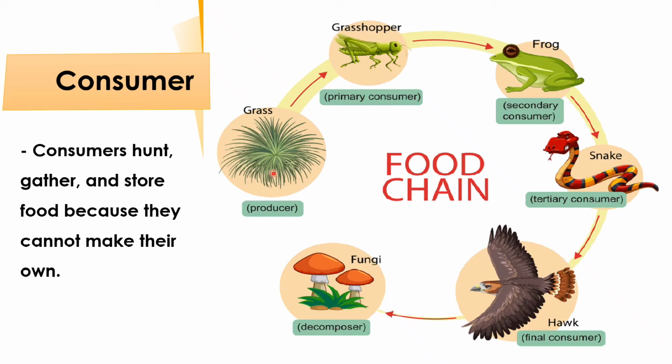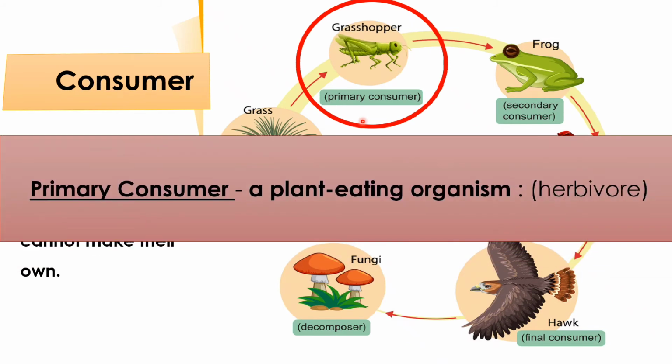Okay, so in this food chain, we have the primary consumer. The primary consumer is the grasshopper, for example. When you say primary, it's the first. So a primary consumer is a plant-eating organism.